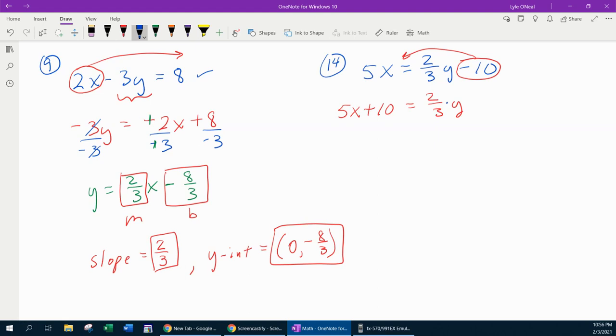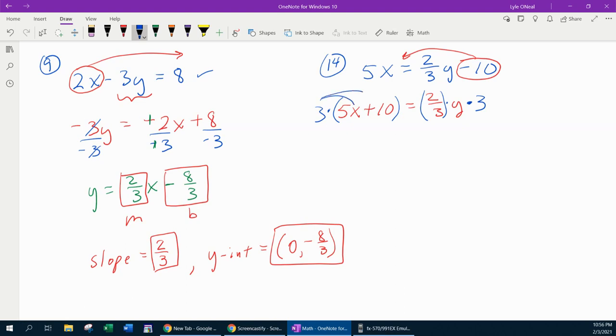So if I was going to do this in 2 steps, I would say, okay, I've got a fraction. I don't really want to have a fraction. So to get rid of a fraction, you multiply by the denominator. But whatever I do to one side, I have to do to the other.